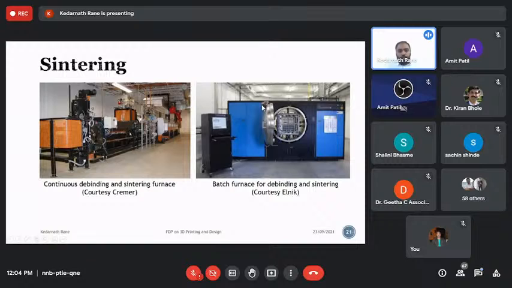But here you have a pusher bed kind of system, as you can see. We saw in the schematic, there is a debinding station and a sintering station involved in this system. So that is about the sintering process.